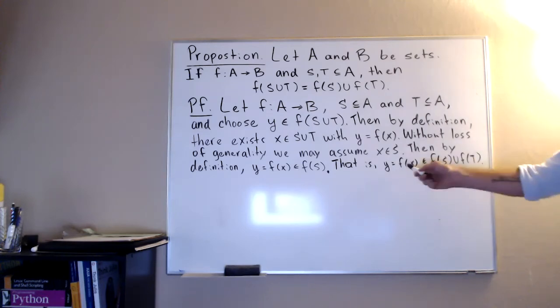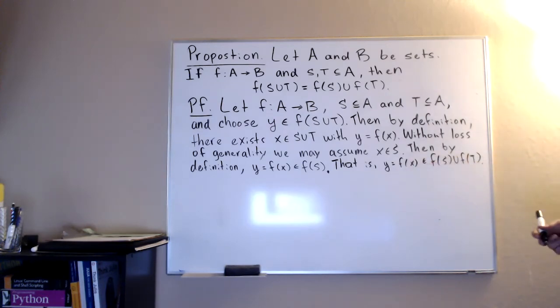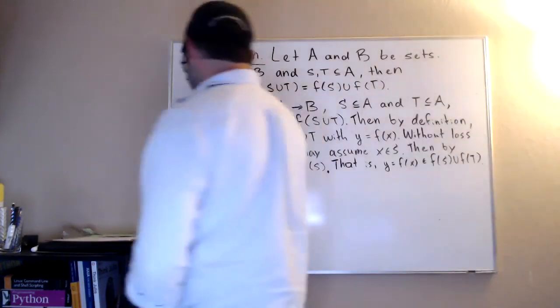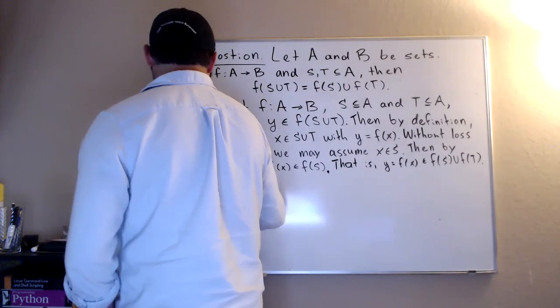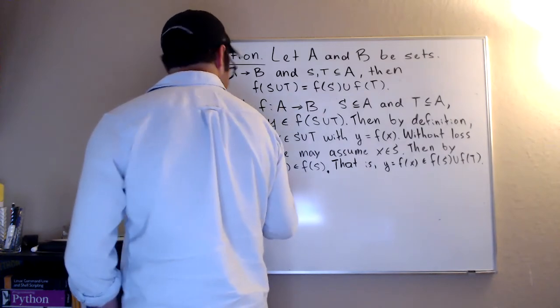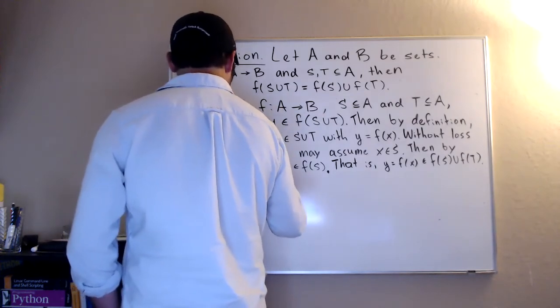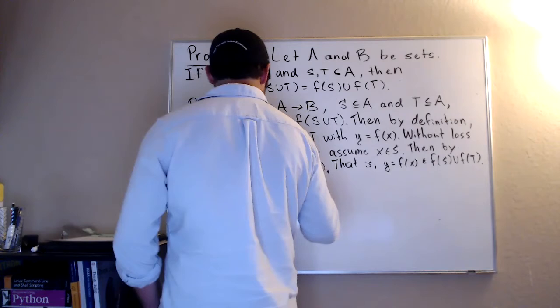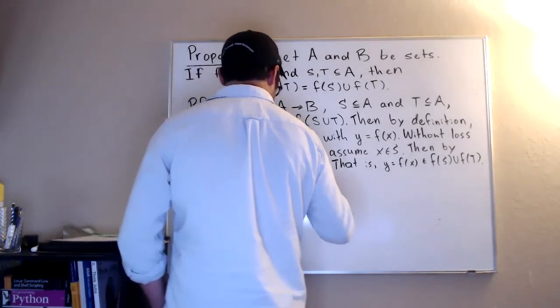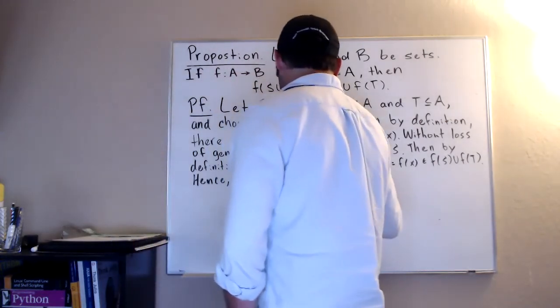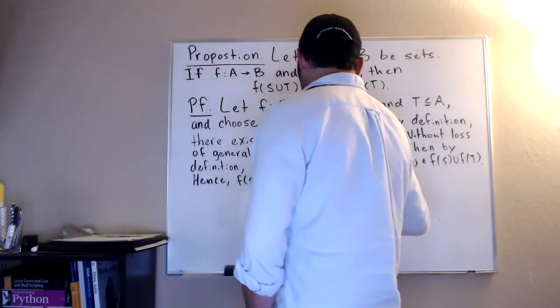So y is equal to that, which is an element of that. So hence, f of s union t is a subset of f of s union f of t.